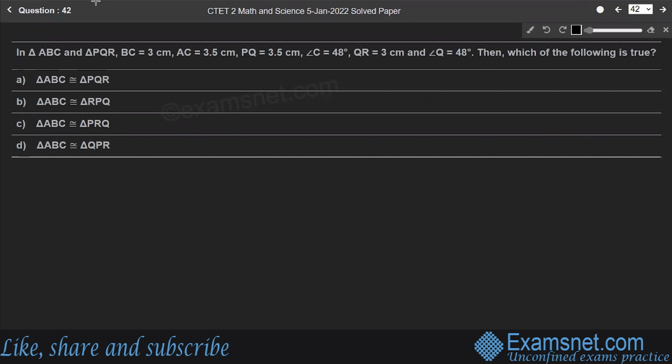In case of congruency, let us consider two triangles randomly, triangle LMN and triangle XYZ. These two triangles are said to be congruent only if LM is equal to XY, MN is equal to YZ, and LN is equal to XZ.